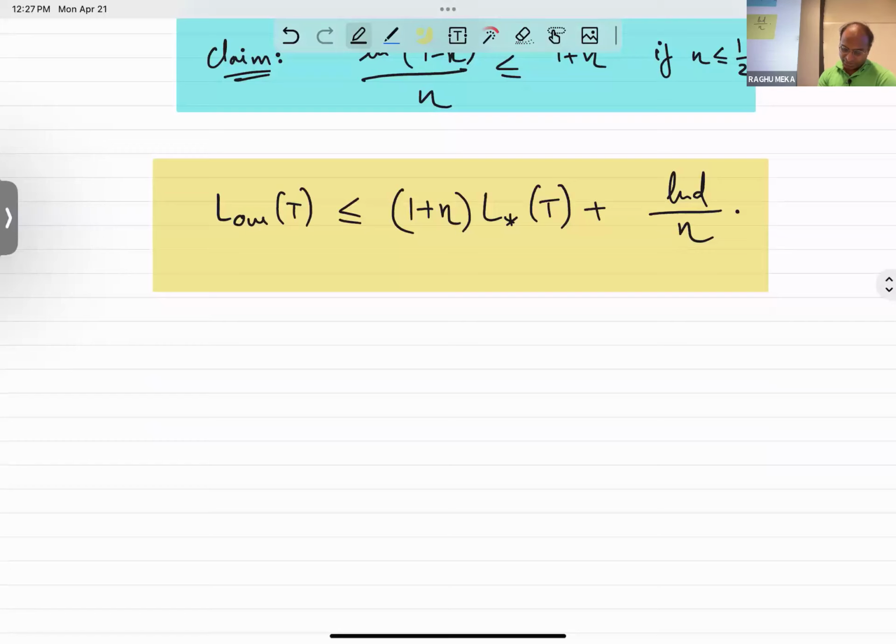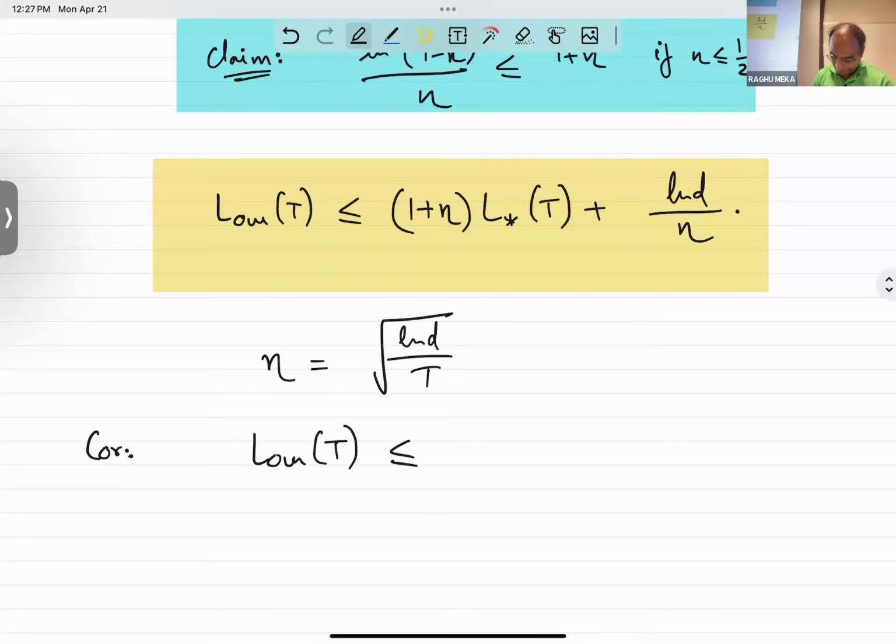Right? And the best choice turns out to be something like square root of ln d over t. Okay. So this 1 over square root t should remind you of something that we saw in AdaGrad, and it's a similar thing that shows up here. All right, so if you plug in this particular choice as a corollary, we get, okay.